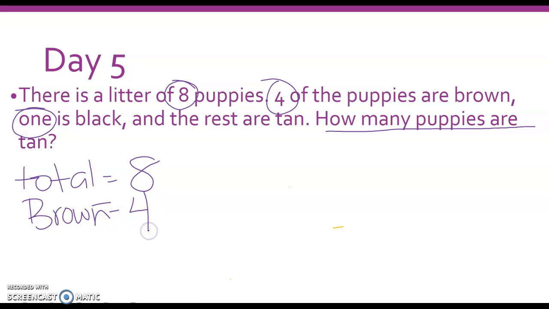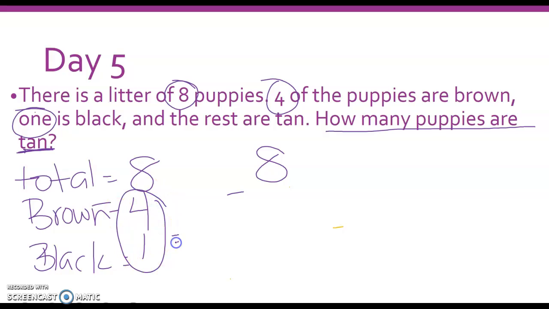And then you know 1 is black. So you can look at these, and we're going to have 8 minus the number of puppies we know about to find the unknown number of puppies. So I can look at this 4 and 1 and add those together to give me 5, and then go 8 minus 5 to give me 3. That's just another way that you can add these before subtracting them one by one.